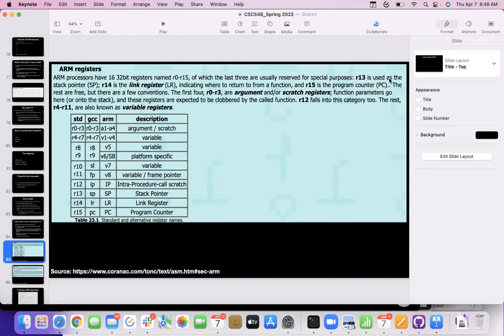Okay, let's see. Then they've listed that a couple of these registers have special purposes. So the last three are usually reserved for special purposes. R13 is used as the stack pointer. So most processors, from a problem solving perspective, have a stack.